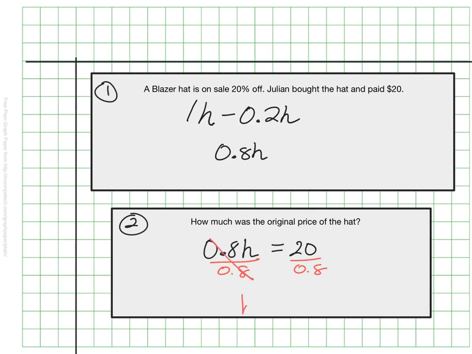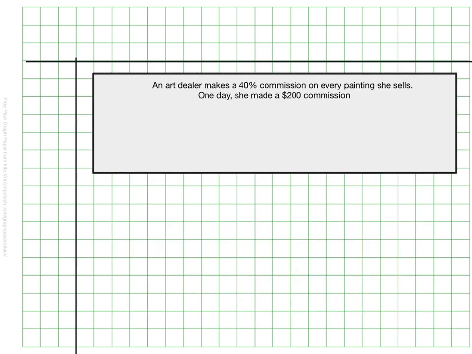That would go away. And if I punch that in, I know that 20 divided by 8/10 would be $25. So Julian would have paid originally $25 for the hat, but he purchased it on sale. Notice the first step was still to write that expression, and then I was able to see what it was equal to and solve.